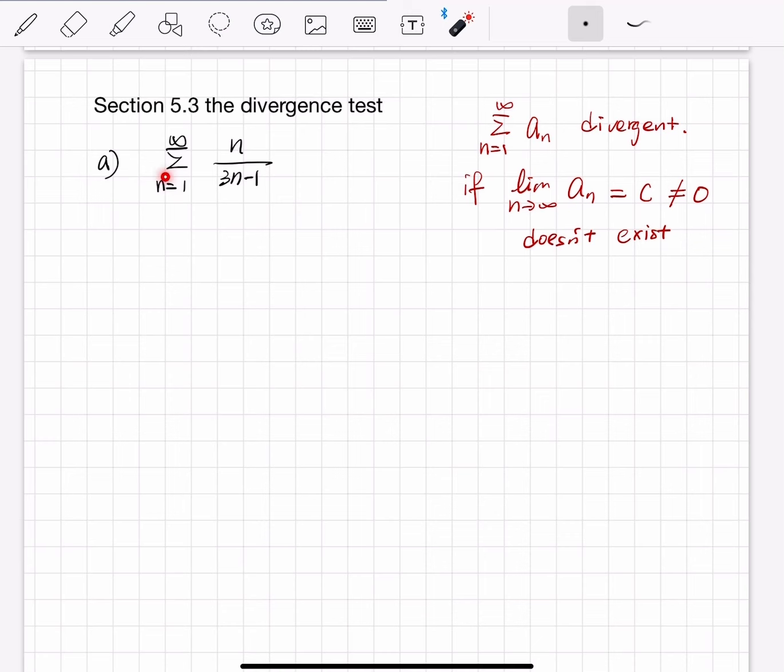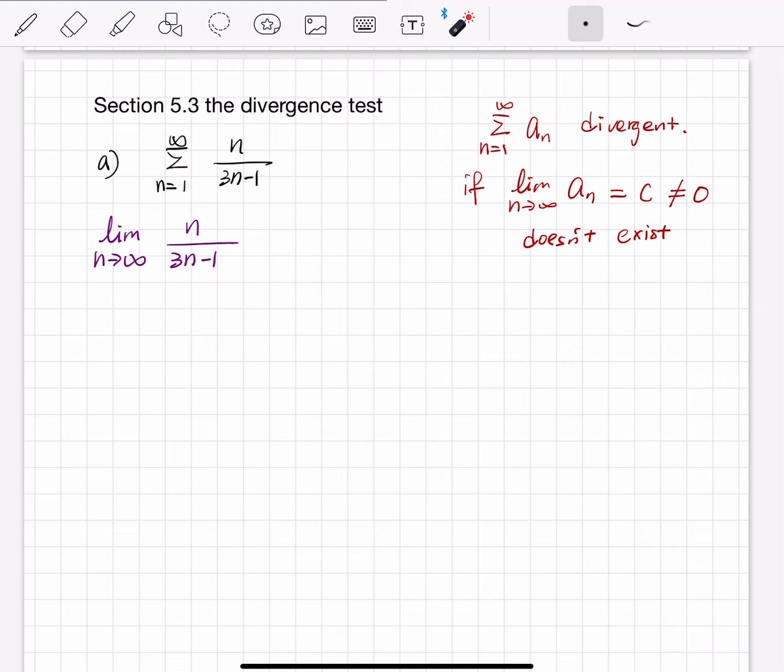So for this case, we're going to check this portion. We're going to check what is the limit as n goes to infinity of n over 3n minus 1. We cannot really just plug in the infinities here, because if we do, we will end up with infinity over infinity situations.